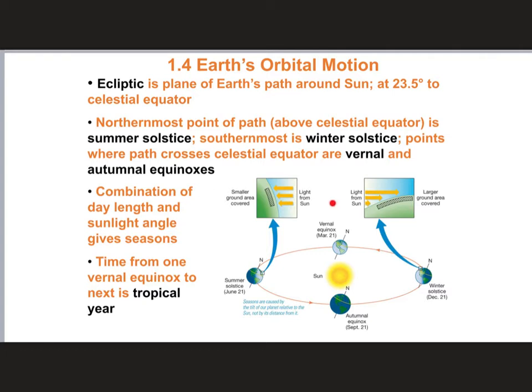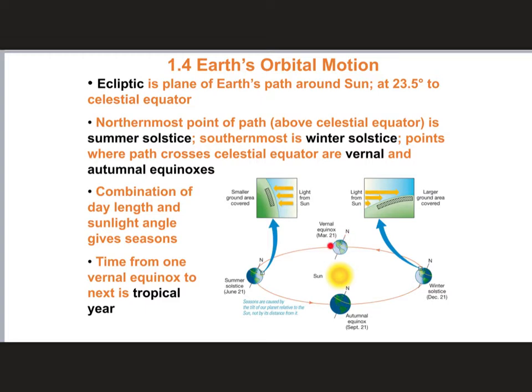Now, what are these guys, the equinoxes? Well, here, this would be the longest day of the year. If the Earth was over here somewhere, the days would start getting shorter and shorter until the Earth reaches this position here, which is called the vernal equinox, which is on March 21.